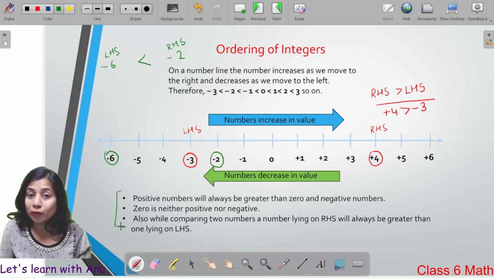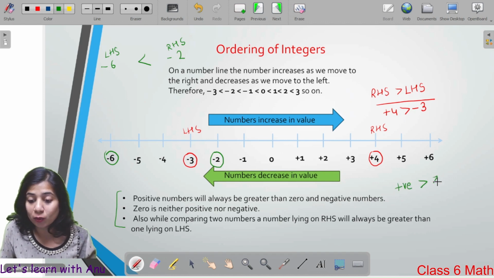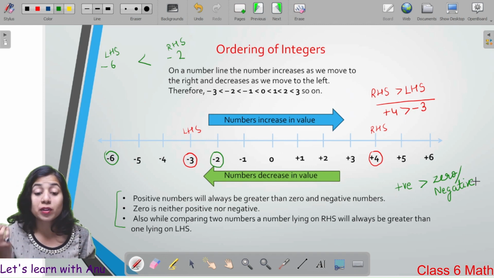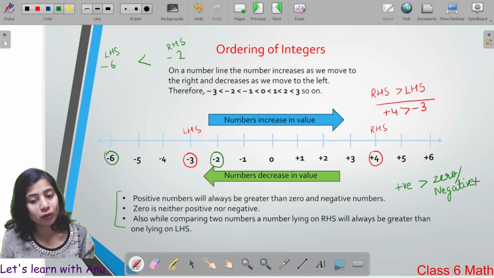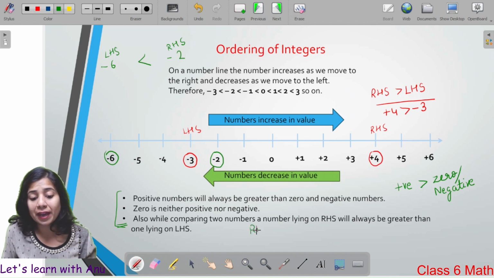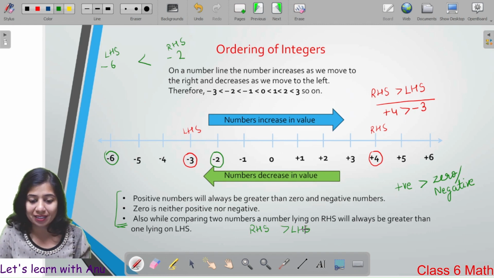Please note it down in your notebooks, that positive numbers will always be greater than 0 or negative numbers. Right? Quite easy and simple to understand. Positive numbers are greater. 0 is neither positive nor negative. And the third point, I have also explained, that when we compare two numbers, the number lying on the right-hand side will always be greater than the number lying on the left-hand side.